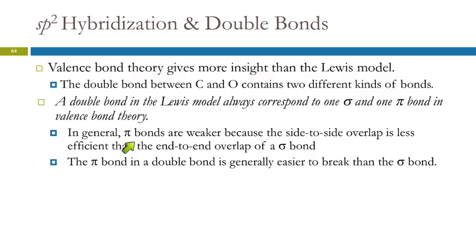The pi bonds are weaker generally because it's side-to-side overlap. It's not as efficient as end-to-end. And so when you break a double bond, the pi bond gets broken first, and then the sigma bond would get broken. And so you can break one of the bonds without breaking both of them.